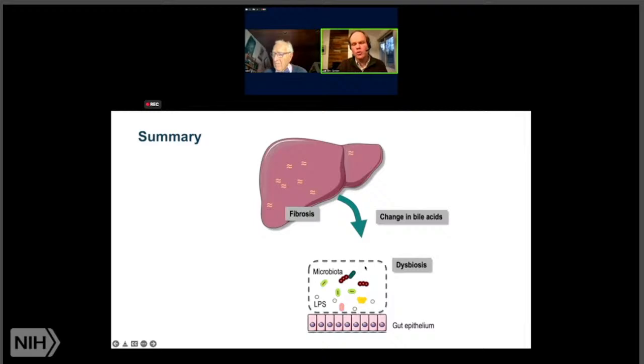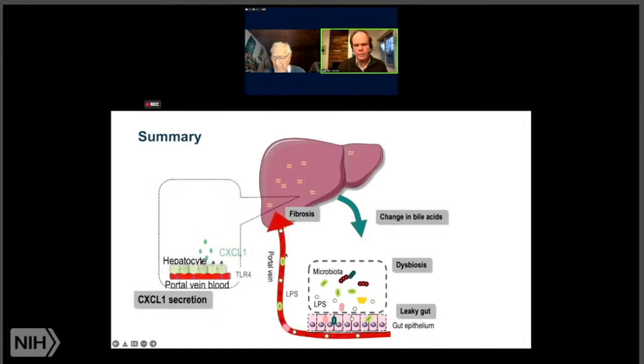Now, this change of the microbiota in the intestine will cause a leaky gut so that bacteria and bacterial products can transmigrate into the portal vein.